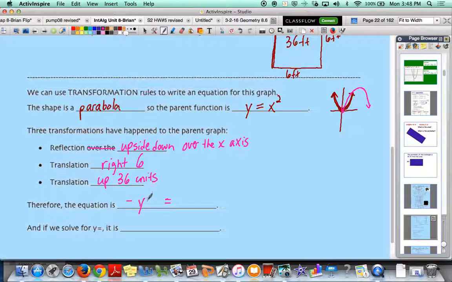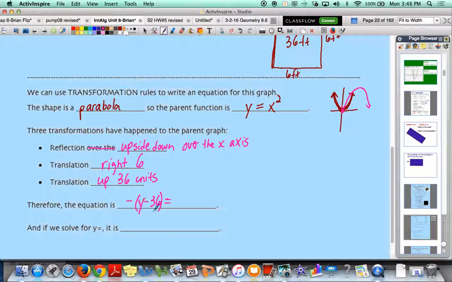Anything on the y-axis has something to do with moving it up or down. Up 36. Now remember, the rule said that we actually do the opposite kind of what we think. So translating up 36 actually means that we're going to subtract 36 from the y. I'm actually going to put parentheses around here to make sure the order of operations is done correctly to get that graph. So the negative sign flips it upside down. The minus 36 translates it up 36 units.